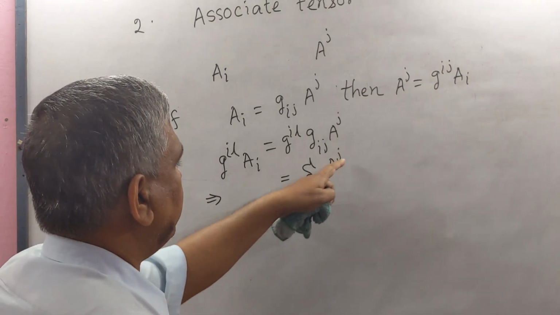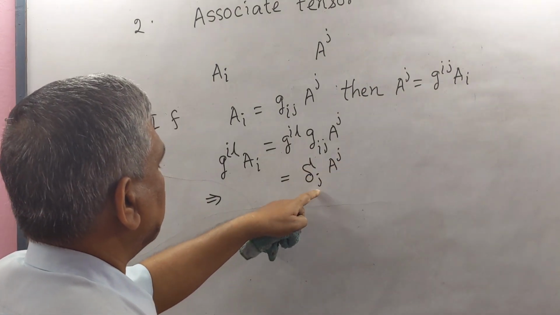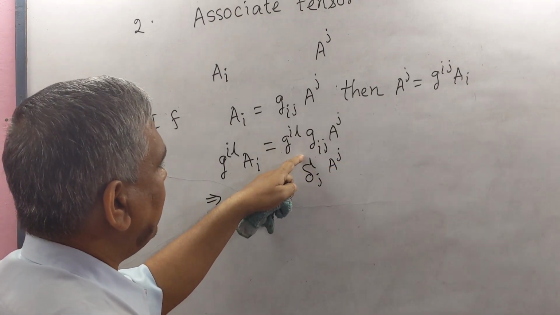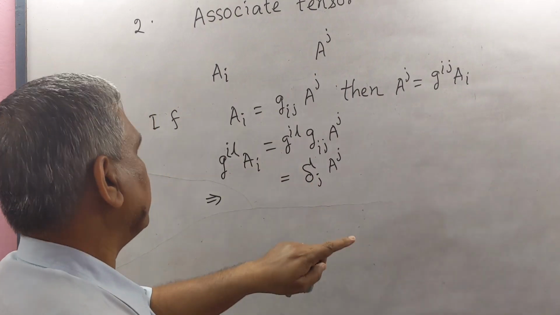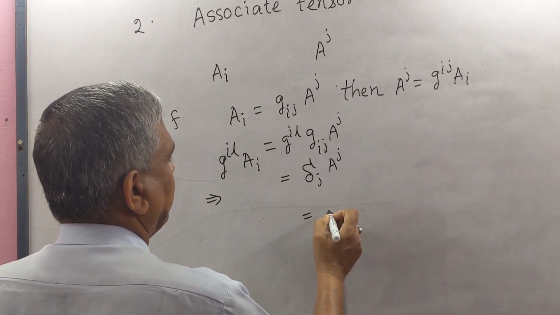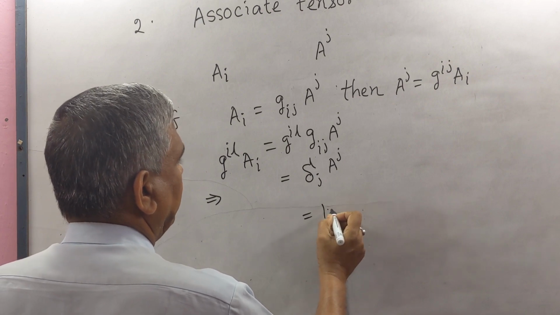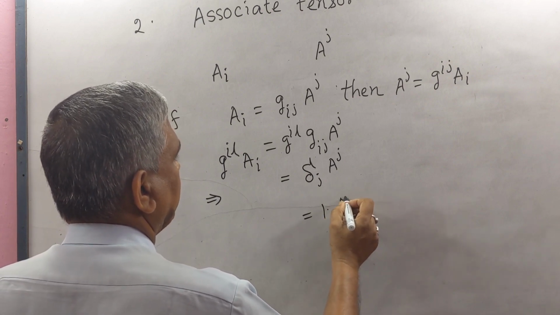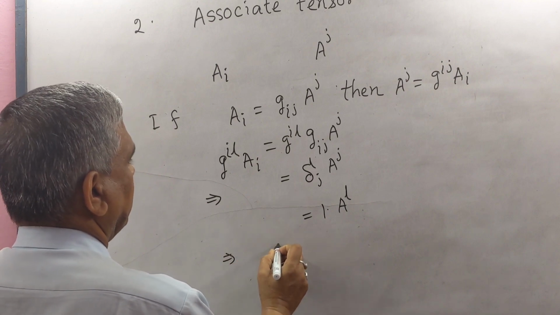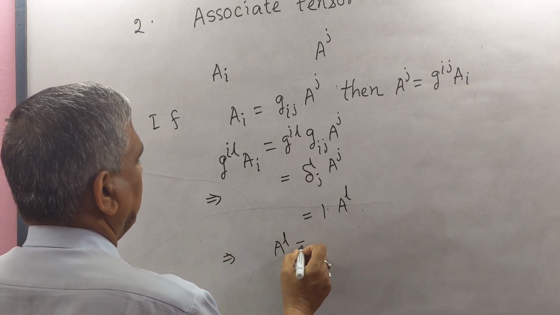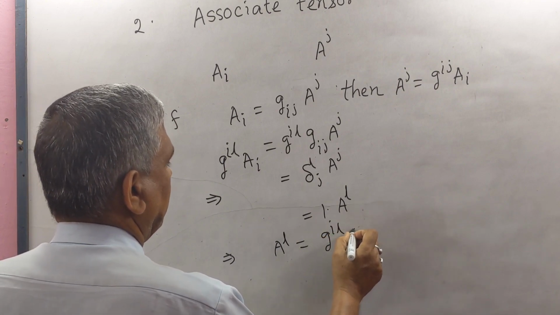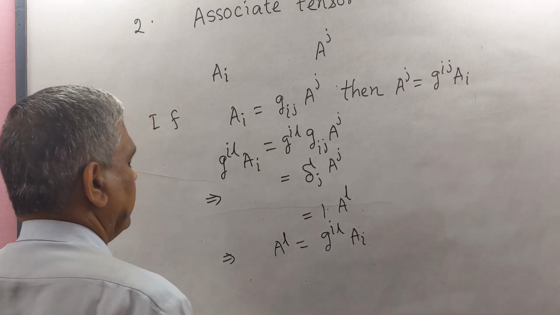Here j is just a dummy suffix. So if you take j equal to l, then this will be 1, otherwise 0. So this will become 1 if j equal to l, which implies that A^l equal to g^il A_i.